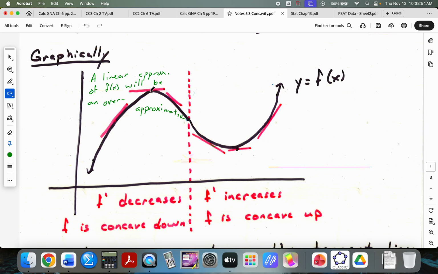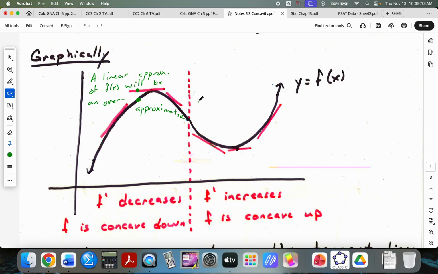Right? If we use the tangent line, like we've done before, write the equation of the tangent line, and then we use it to approximate something. Well, if we use it to approximate the value of the function, my approximation is going to be too high if the function is concave down.